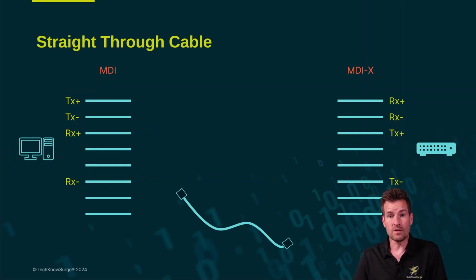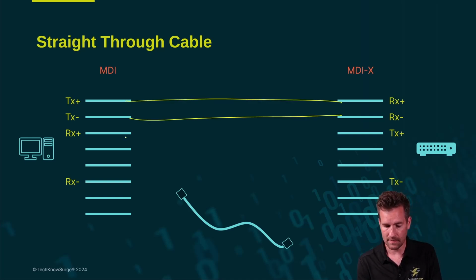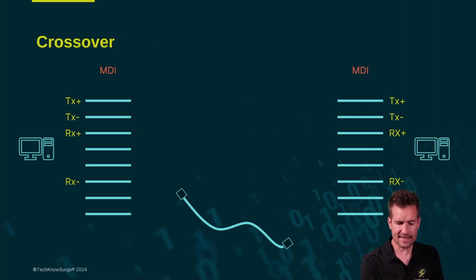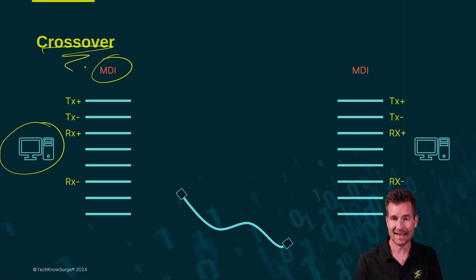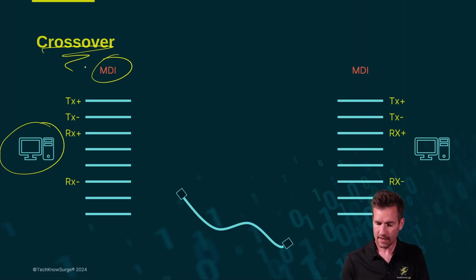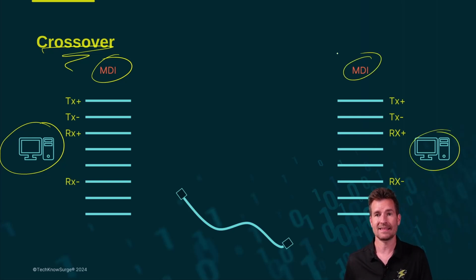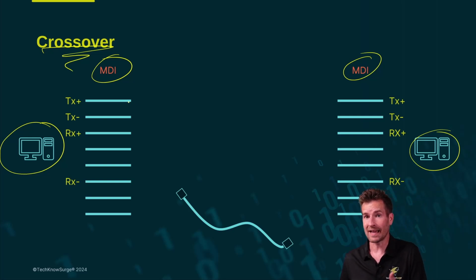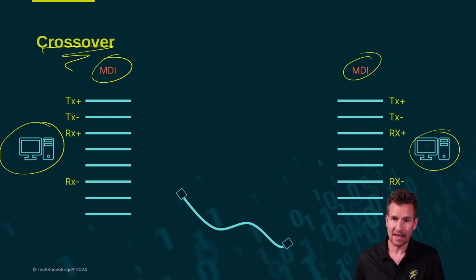So this is where we would use a straight through cable, where MDI is talking to an MDIX and communication is going to happen. The cases where we need a crossover is when there's a device on the network that has this MDI type connection talking to another device that has an MDI connection, or it could be an MDIX talking to an MDIX.